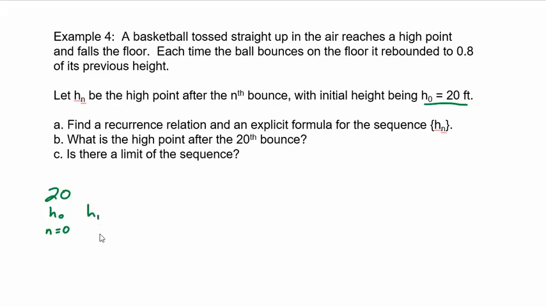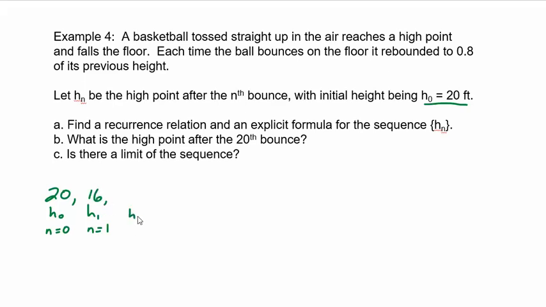So h sub 1 would be after the first bounce, because it was tossed up into the air and reached a height of 20 feet. So this would be when n equals 1. And it's going to be 0.8 of its previous height. So basically we need to take 20 times 0.8. And I believe that would be 16. 80% of 20, that sounds right.